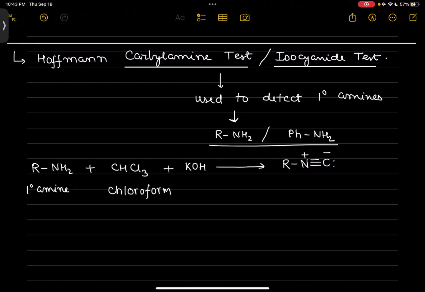An alkyl isocyanide, or the other name for the isocyanide is carbylamine.